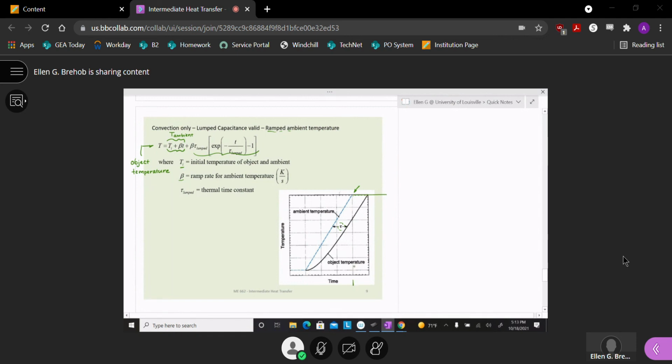If I looked at a particular time, that's my time difference between the two. I wanted to mention that as time gets really, really long, this exponential term drops off and goes to 0.